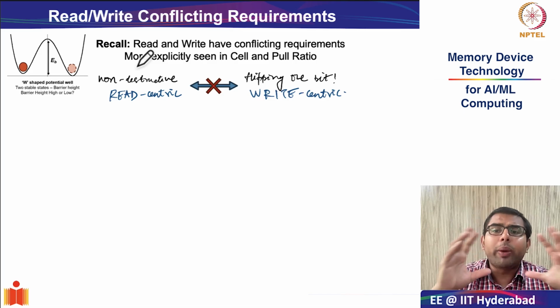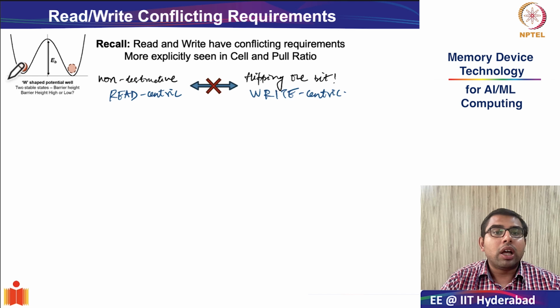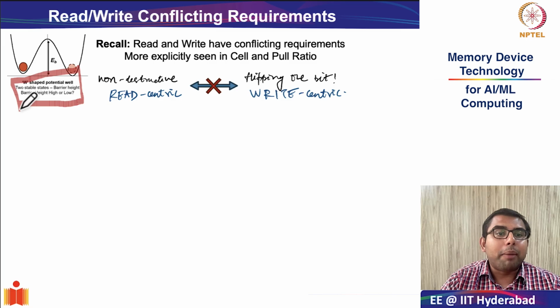Okay, just a quick recap. Whenever we were studying the read, write or hold operations, we were trying to understand the SRAM cell using this intuitive picture of a W-shaped potential barrier.